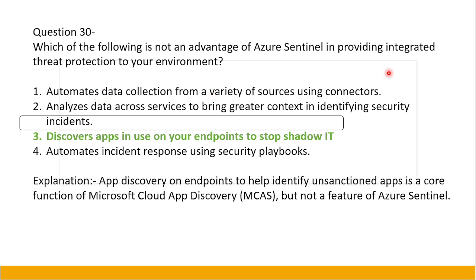Automates data collection from various sources using connectors, analyzes data across services to bring greater context in identifying security incidents, discovers apps in use on your endpoint to stop shadow IT. Option 4 is to automate incident responses using security playbooks. Here the correct option is option number 3, discovers apps in use on your endpoint to stop shadow IT.